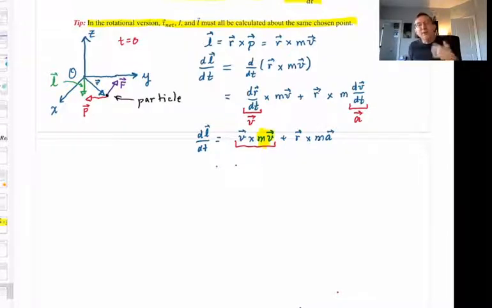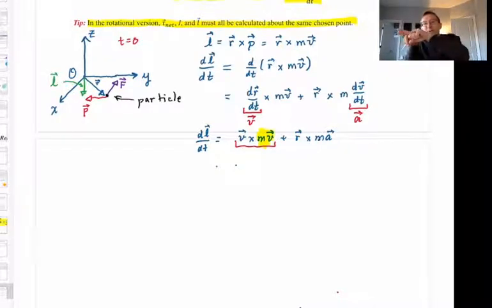It'll have a different magnitude than v alone, but it'll be in the same direction as v. So I'm taking a vector in the same direction as v, and I'm crossing it into v. Where's all this going? The two vectors I'm crossing in this first case are parallel to each other.